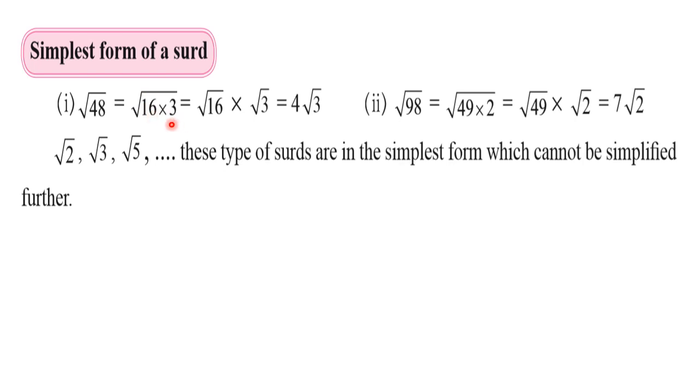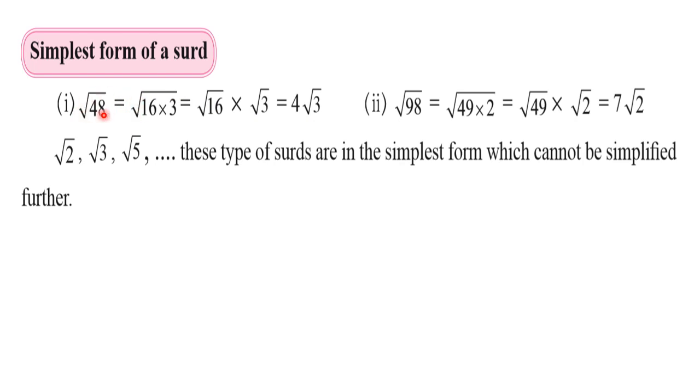After this, 16 into 3 we can write as a separate multiplication. We can separate it, so we can write it as root 16 into root 3. But this root 16 is nothing but 4. Root 3 we have to write as root 3, because 3 is not a perfect square. It is an irrational number. 4 is a rational number and root 3 is an irrational number.